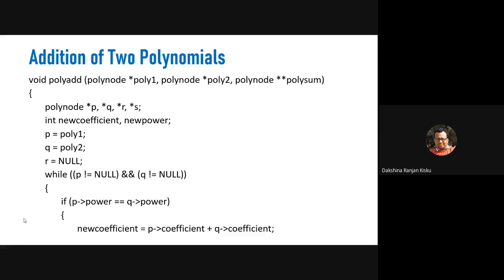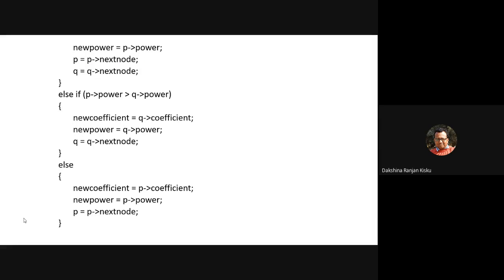Okay, if both are not found to be equal, then we have to check whether p power is found to be greater than q power or not. If this is true, then we will follow certain steps. Otherwise, when p power is found to be less than q power, then we will follow another set of steps. Okay.